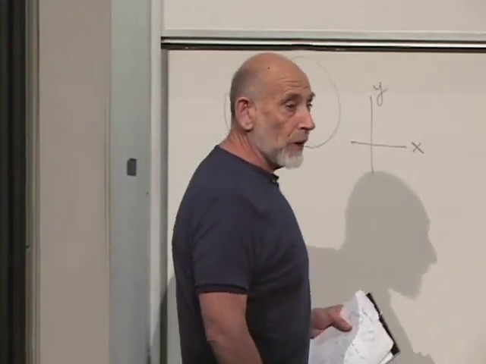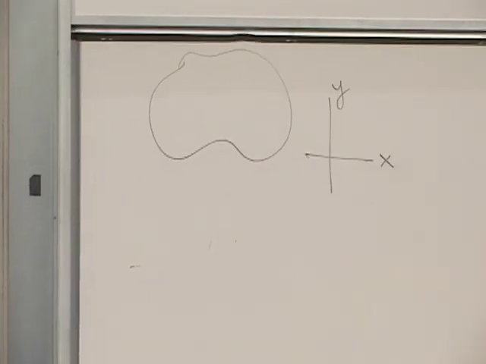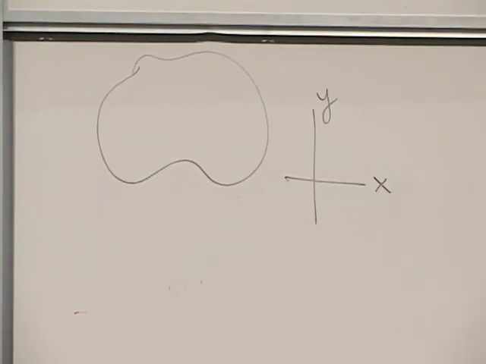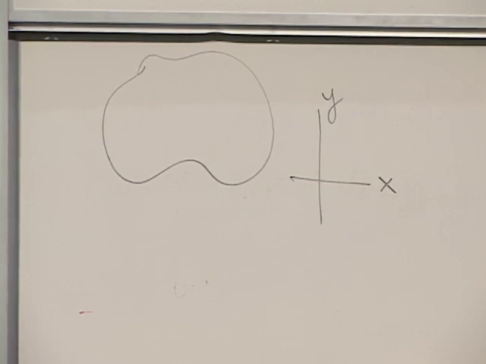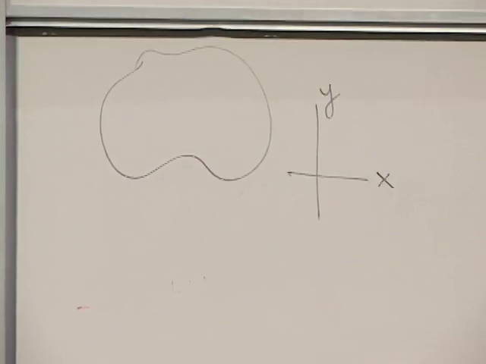Now, the string is parametrized by a parameter. For open strings, we call that parameter sigma. And sigma went from what to what? 0 to pi. How about closed strings? What should I run it to for closed strings? I'd be an idiot not to run it from 0 to 2 pi, right?